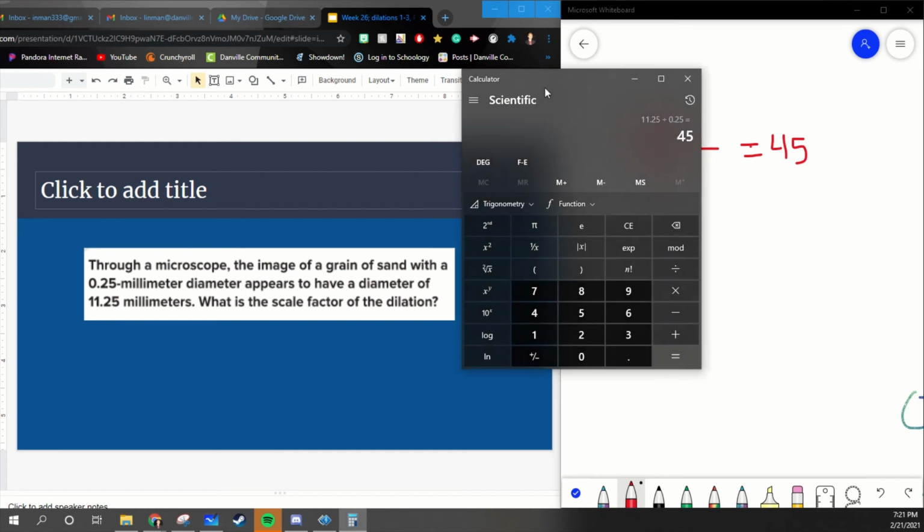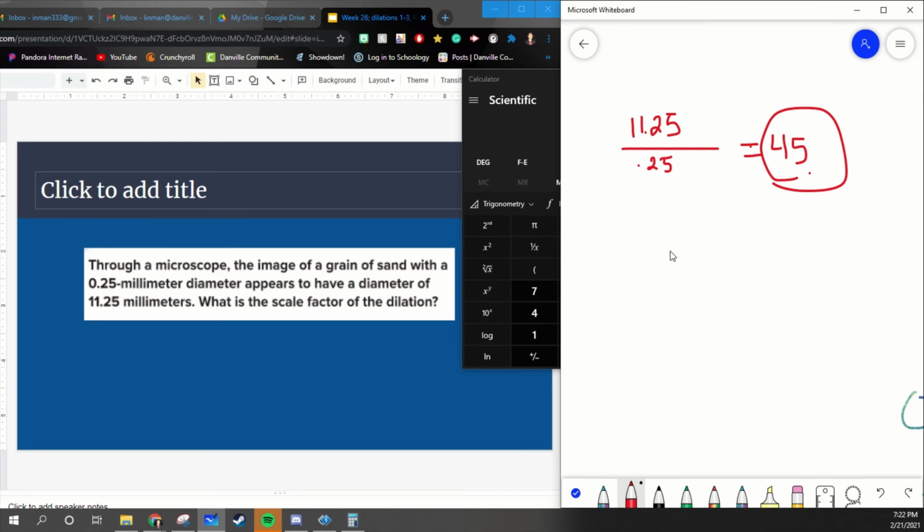Notice if we accidentally did it the wrong direction and did 0.25 divided by 11.25, we'd get 0.02 repeating. If I'm looking through a microscope and that's making my object smaller, that microscope isn't working like it should. So make sure your answer makes sense, and this 45 times larger does make sense.